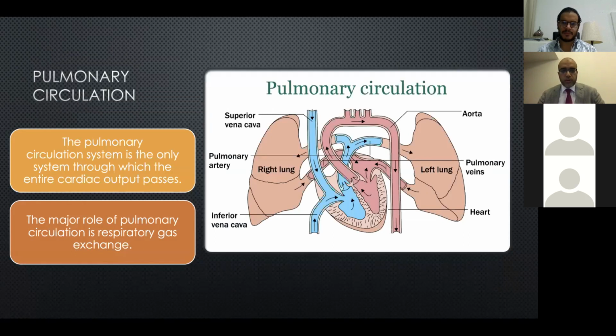Starting from the pulmonary circulation, actually, which is very unique, we have almost 2 or 3 slides about some physiological and anatomical backgrounds. Pulmonary circulation, it is very unique that it is almost contained all the cardiac output. And the main objective of this circulation is to gas exchange and oxygenate our blood from the lung.